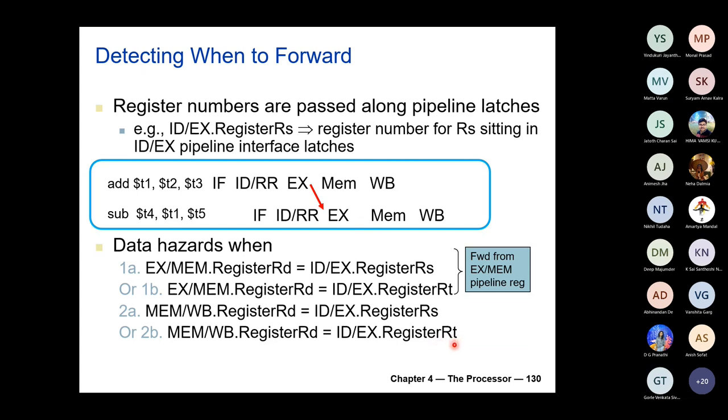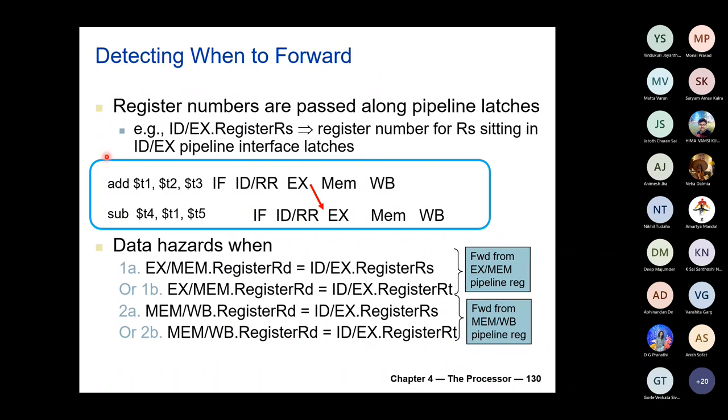If so, this recognizes the need for forwarding, and if the output of this comparison is true, that enables the data path from the MEM/WB stage to the execute stage. So that is the basic idea. I think you got the idea of how this is implemented in hardware.